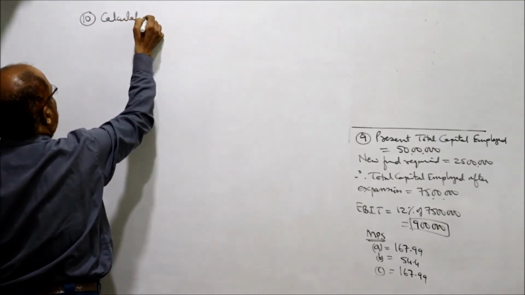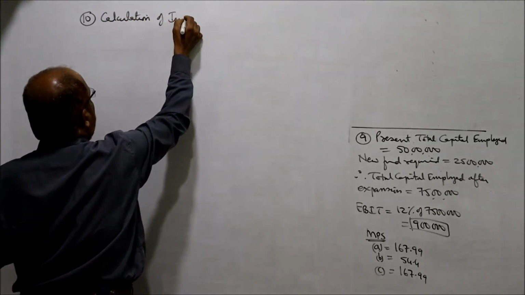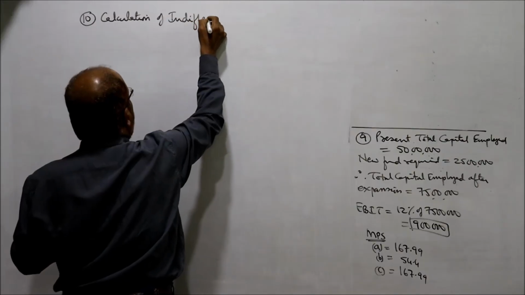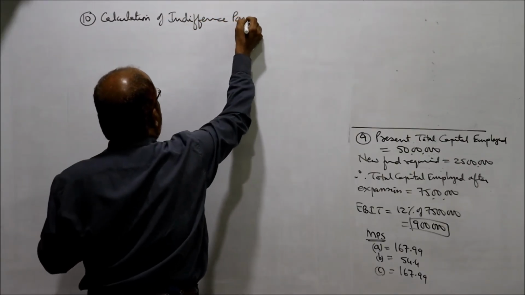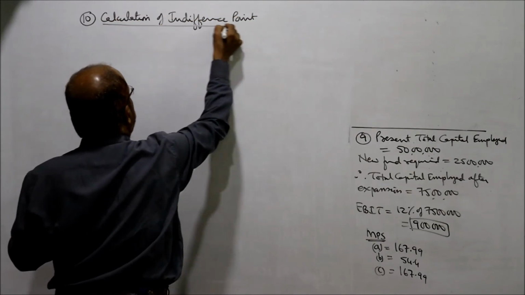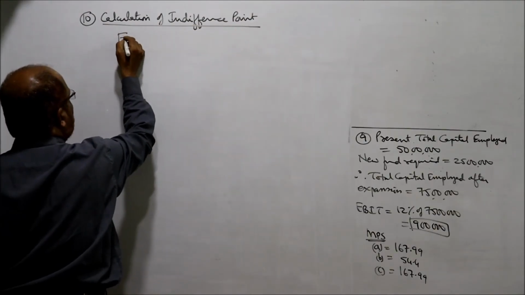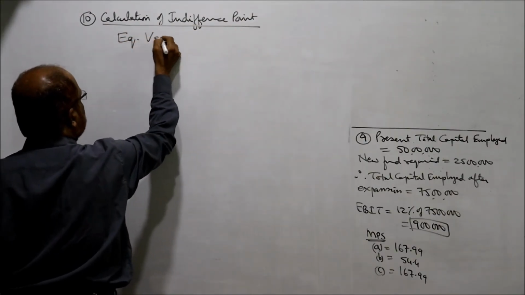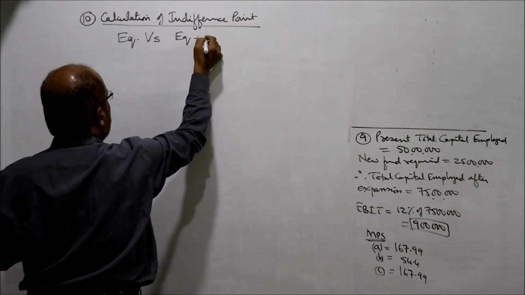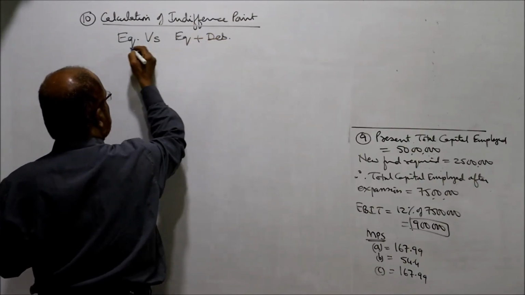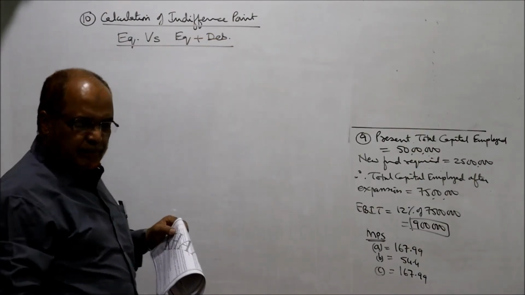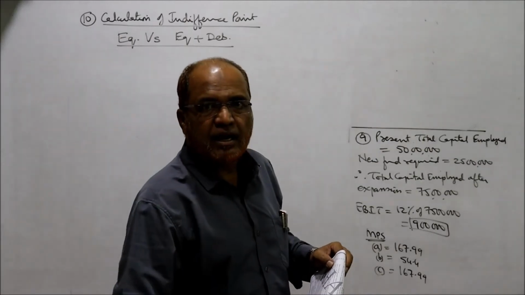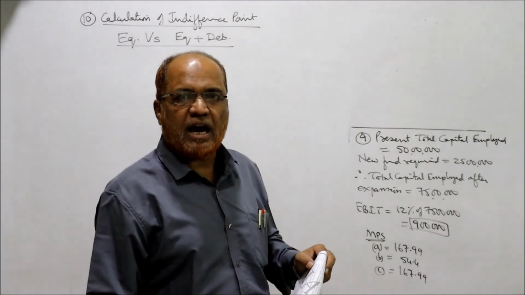Calculation of indifference point. We have the plan equity versus equity plus debentures. In one plan we have only equity and in the other plan we have equity and debentures.